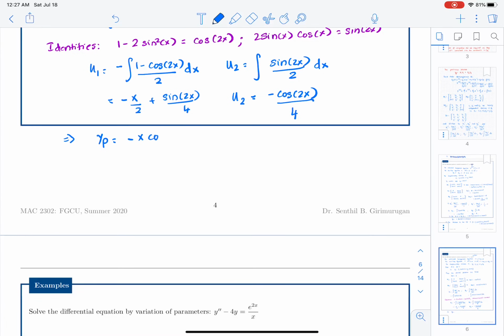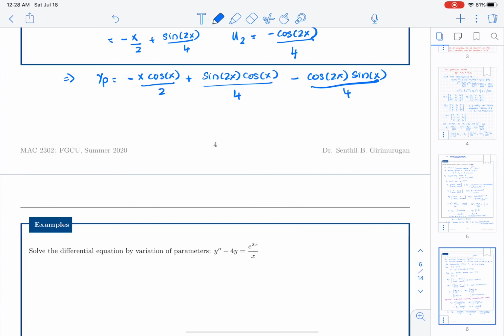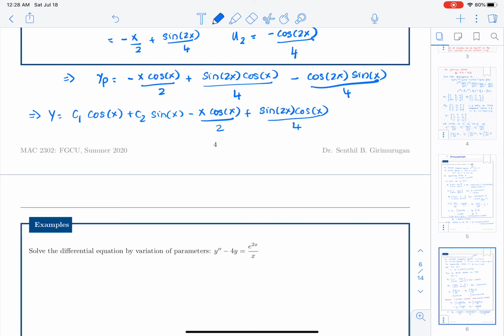So minus x cosine x over 2 plus sine 2x cosine x over 4 minus cosine 2x y2 sine x over 4. And the solution to the DE is c1 cosine x, c2 sine x, minus x cosine x divided by 2 plus sine 2x cosine x over 4 minus cosine 2x sine x over 4.